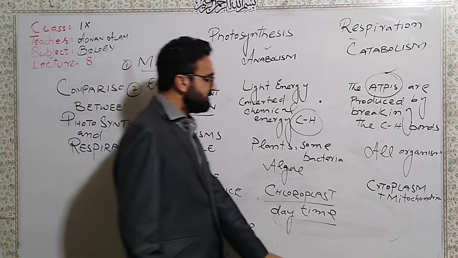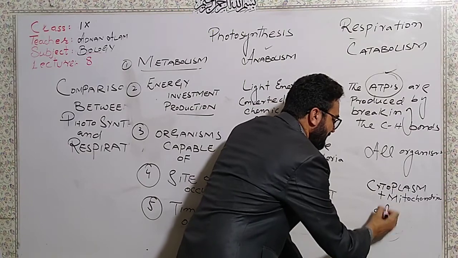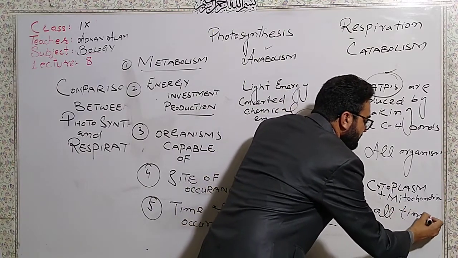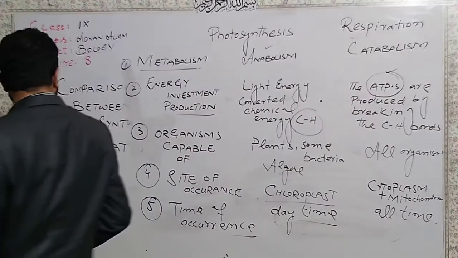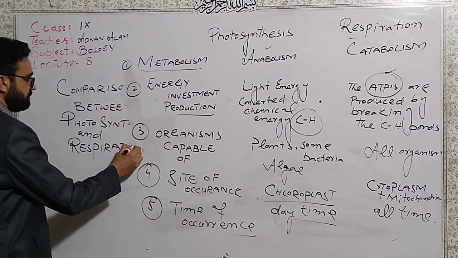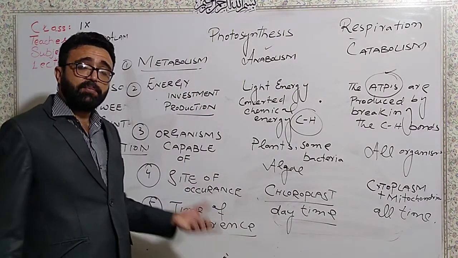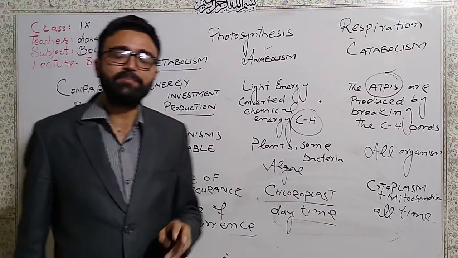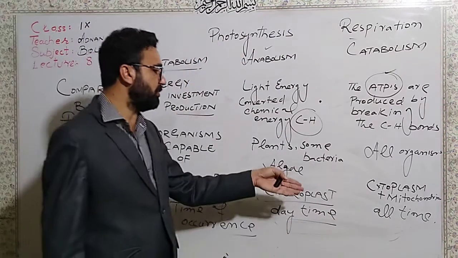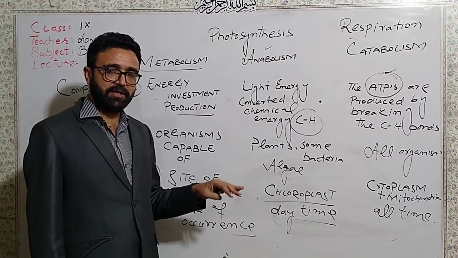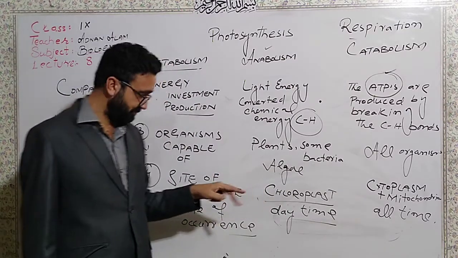But respiration is a light independent process, so it usually occurs all the time. In my previous lectures I told you that in plants during the daytime photosynthesis is more as compared to respiration, and at night respiration is predominant over photosynthesis.